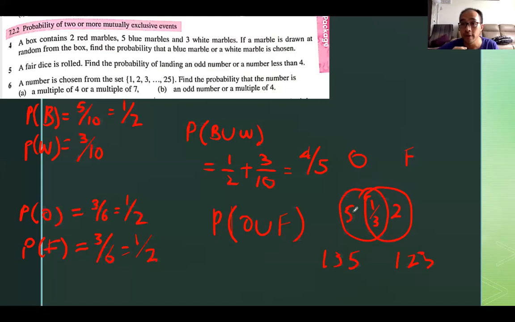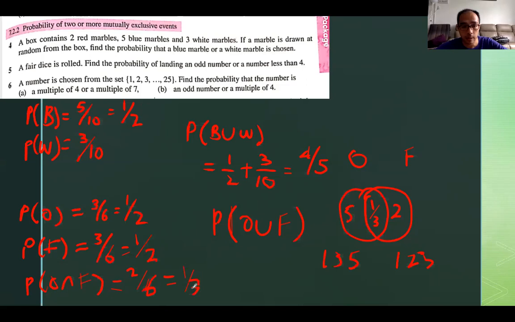So in this case, this is a non-mutually exclusive event. So we have to go back to the original formula, which is this plus this minus the probability of getting both. So the probability of O and F is how many events are there? 2 over 6, which is 1 over 3.